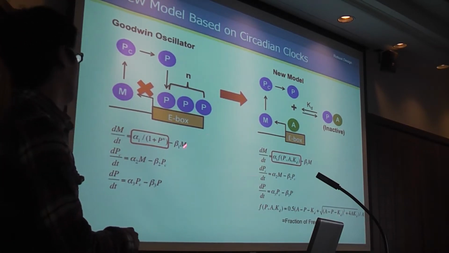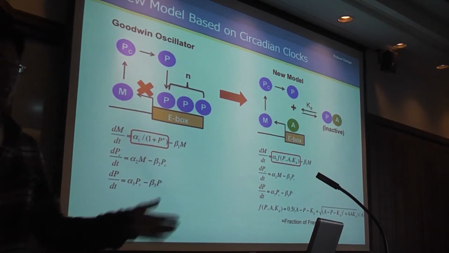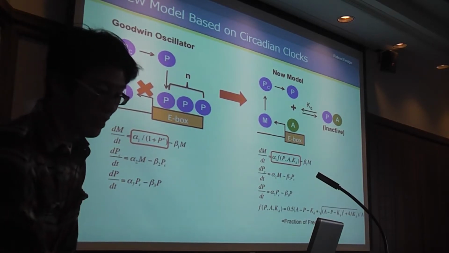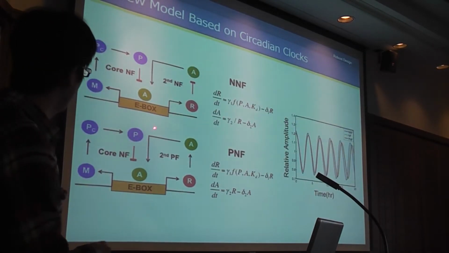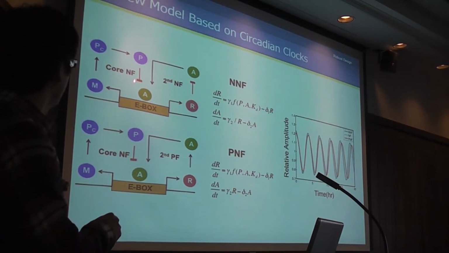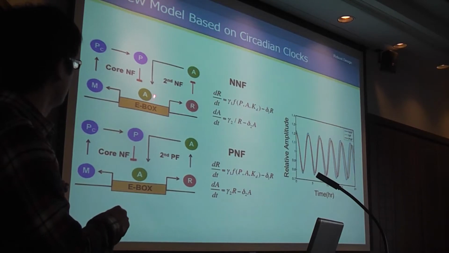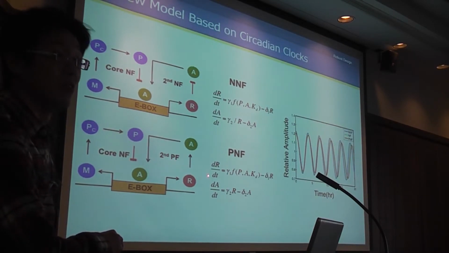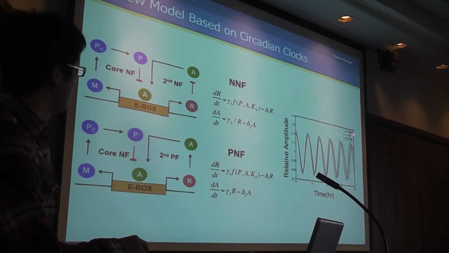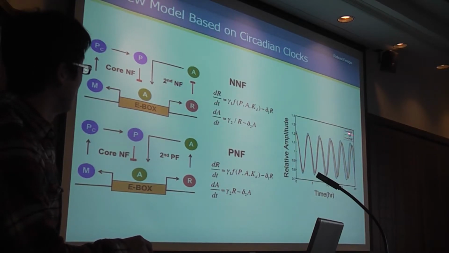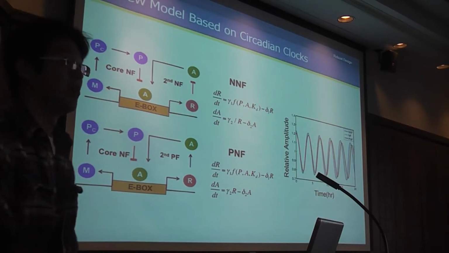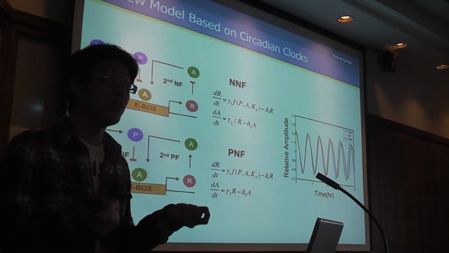But I changed it according to the biological literature. And then I compared structures. This is a core negative feedback loop, and I add an additional negative feedback loop or an additional positive feedback loop. And all of these three structures, double negative feedback loop, single negative feedback loop, and positive-negative feedback loops, show similar behavior for their normal parameters.